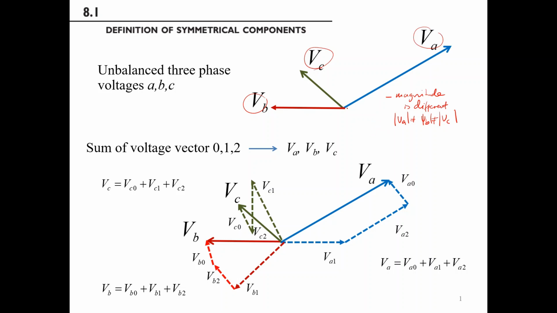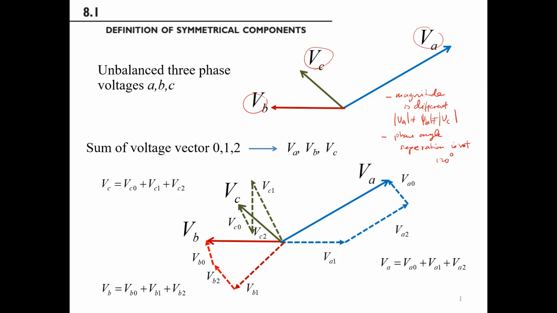The second thing is that the phase angle separation is not 120. These are the two conditions that make the voltage unbalanced. So the phase angle separation is not 120, so this is not balanced, of course.